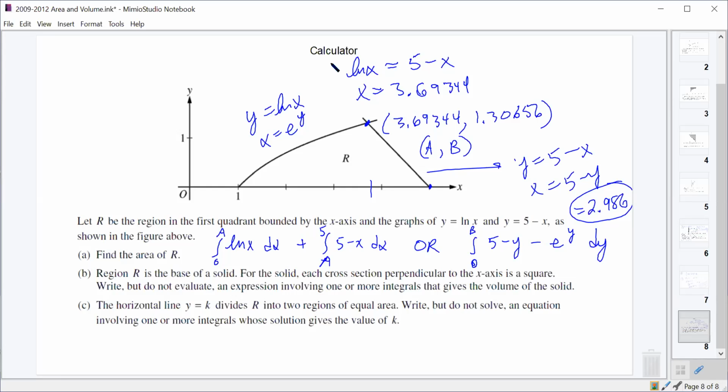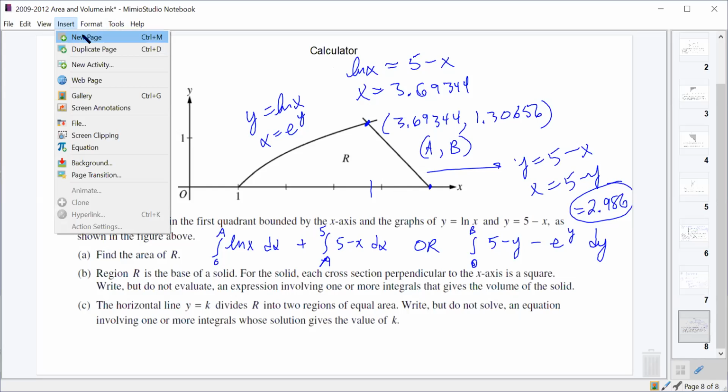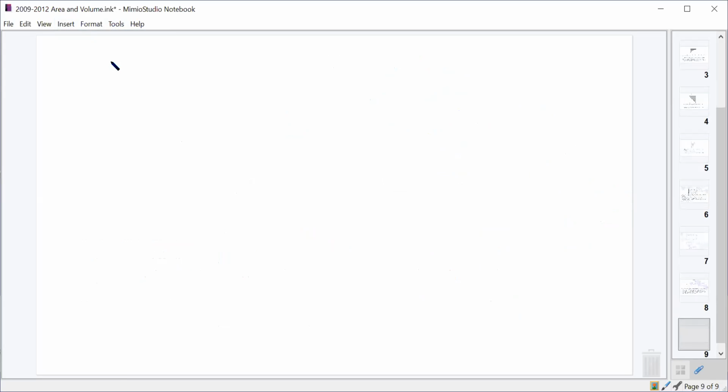Part B now says that this is the base of a solid and the cross sections are perpendicular to the x-axis. So if they're perpendicular to the x-axis, we're going to have to do it all in terms of x. They are squares. And so we need to write an expression involving one or more integrals that gives the volume of the solid. So we're going to do it in terms of x.